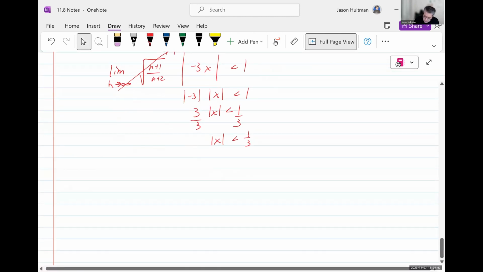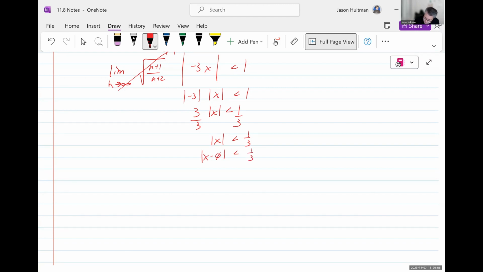So what's the radius of convergence? What's r? I mean, if I can write it like this, x minus 0, this is centered at 0. If you want to compare it to x minus a is less than r, then the radius of convergence here is 1/3.